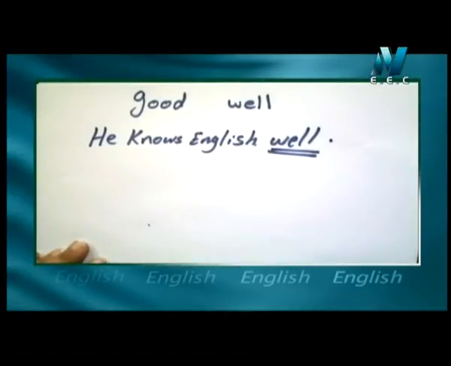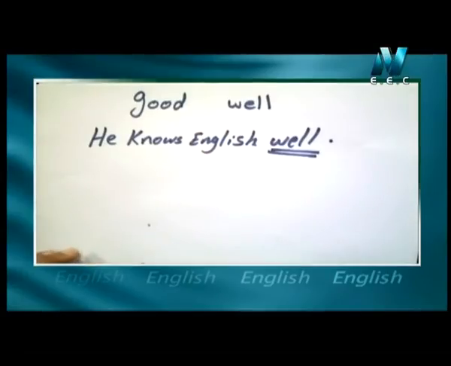Okay. These are the adverbs. We have said that it's a descriptive word, but we don't have to describe a noun like the adjective. It can describe a verb, and what else? The verb and the adjective itself. I can describe an adjective by an adverb.